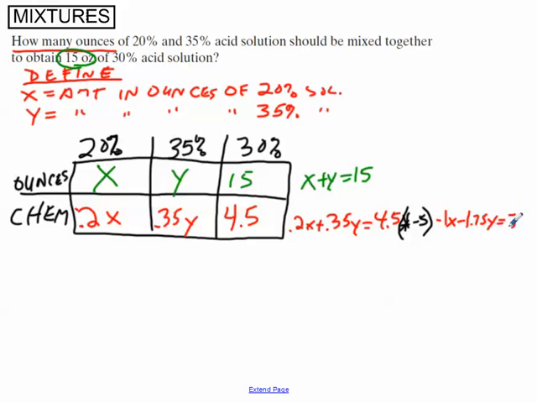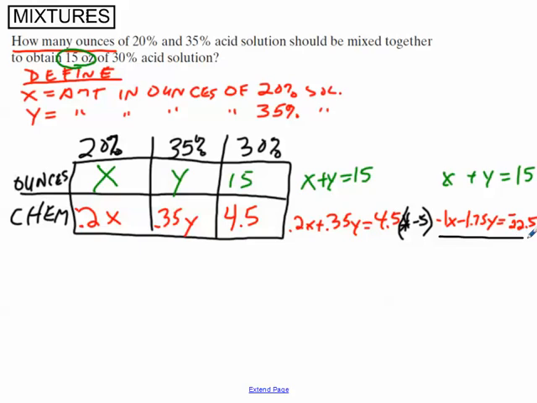Yes, negative 22.5. I'm really crunched in over here. Alright, and now all we have to do is rewrite the x plus y equals 15, and we've pretty much got our system all set up.